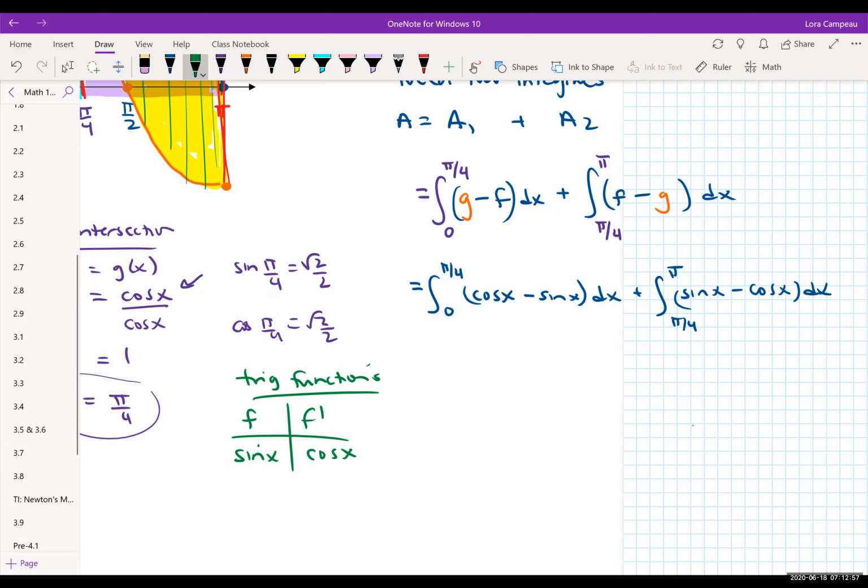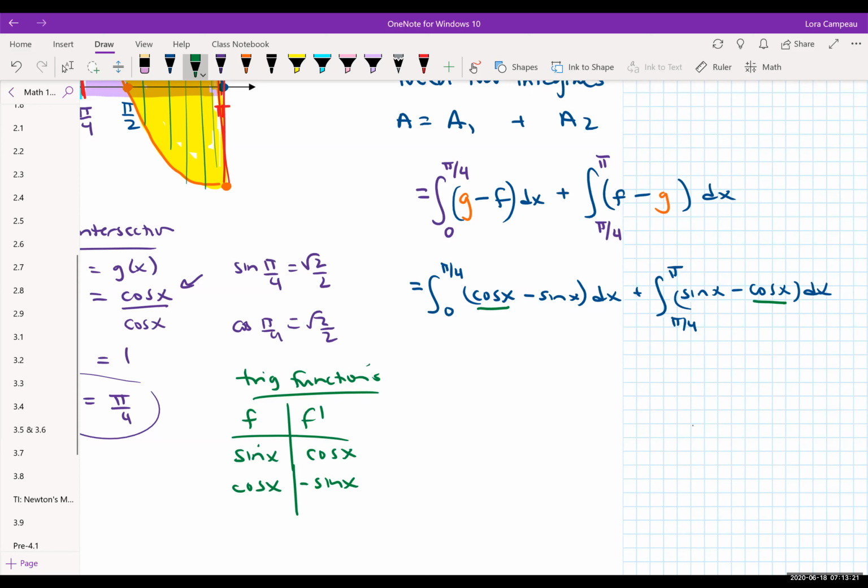So if I see a cosine x, I know right away that the integral of cosine x is sine of x. Similarly, if I start off with cosine x, the derivative of cosine x is negative sine of x. So I just have to be careful with the sign when I see that inside the integrand.